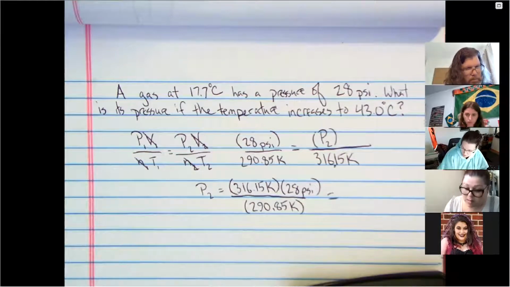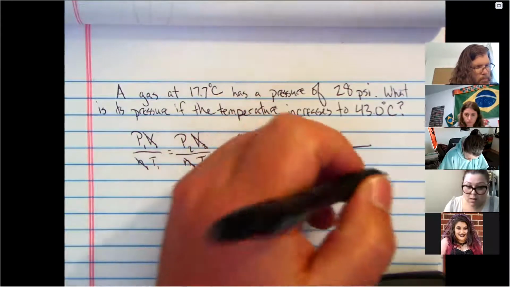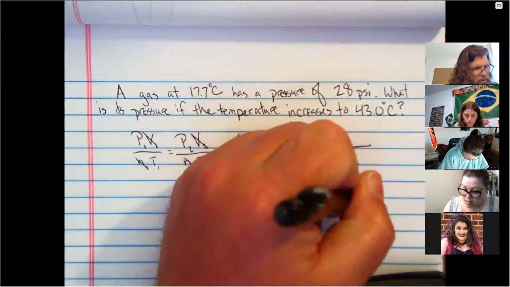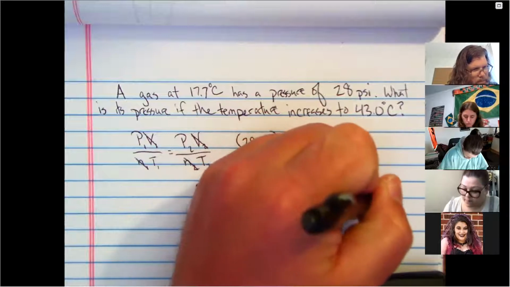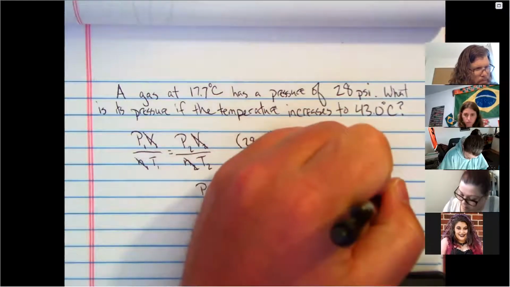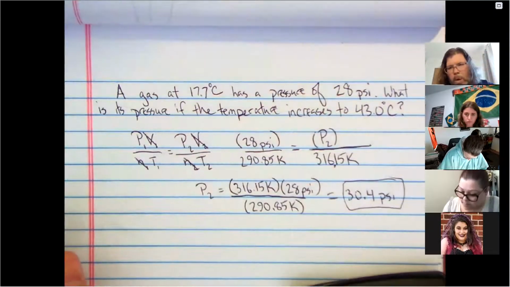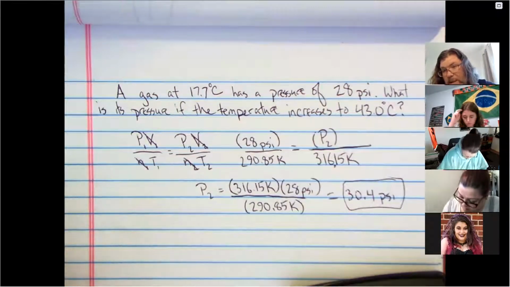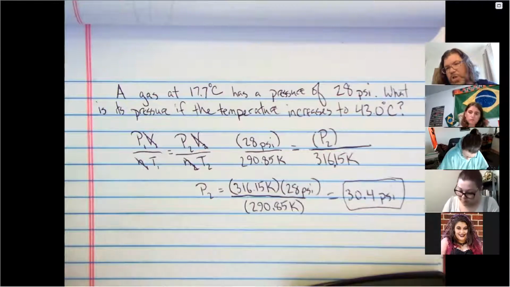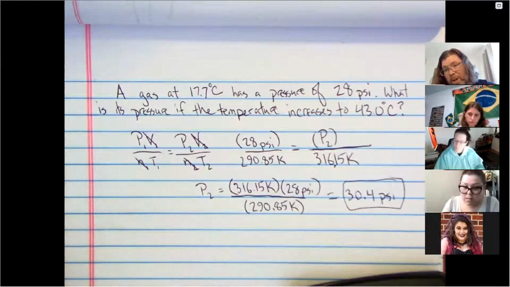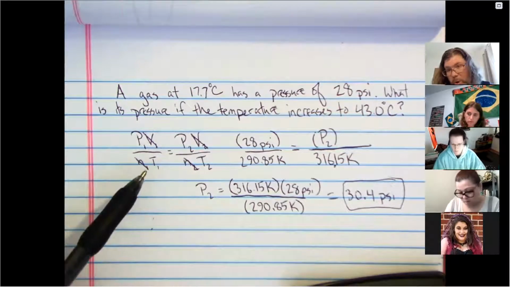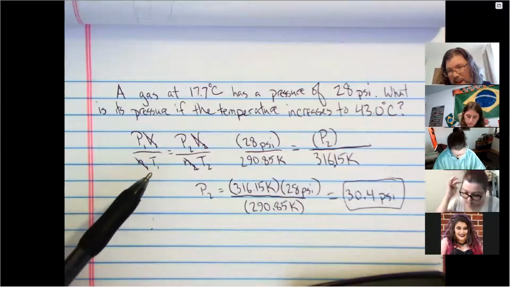This is much easier than what Alex showed. Well, in this particular case, the only variables that were changing were pressure and temperature. We could have a case where all the variables were changing, and this equation will still work fine for that. We just have more stuff to plug into the equation then. Does that make sense, Kat?